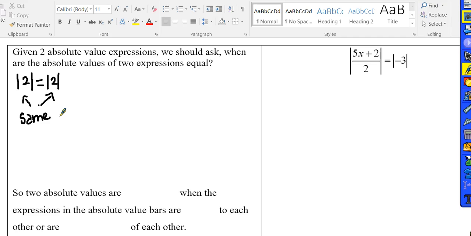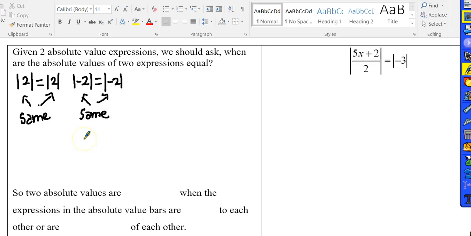There is another way we could write this and still get 2 equals 2: the absolute value of -2 equals the absolute value of -2. This is also true. It's 2 equals 2.